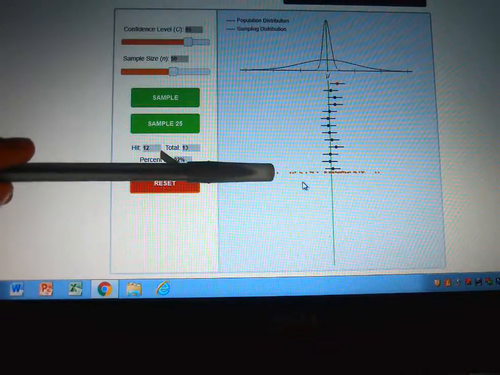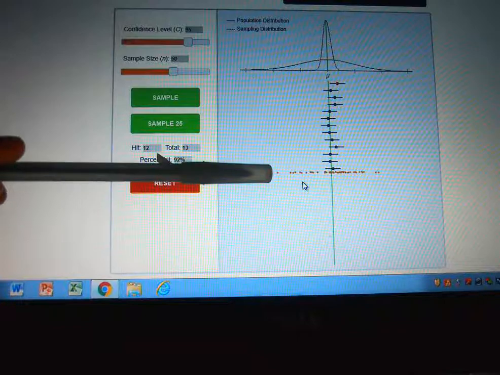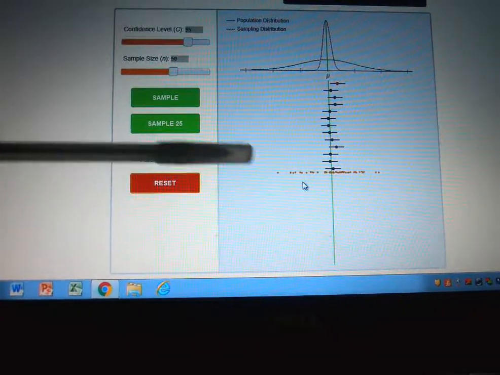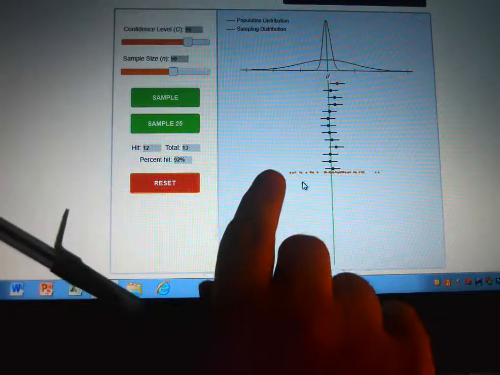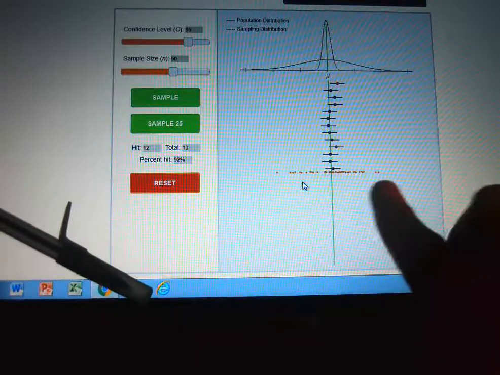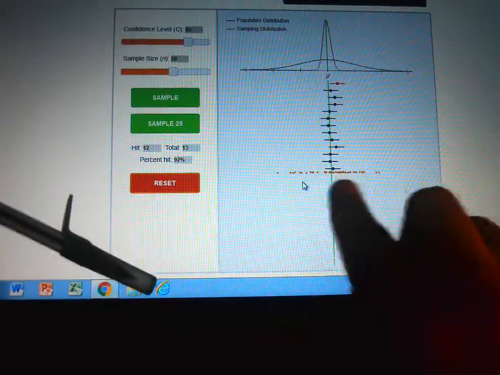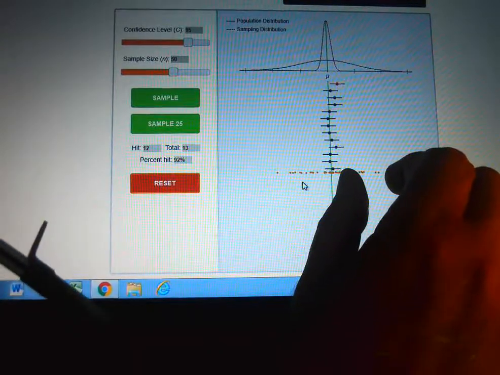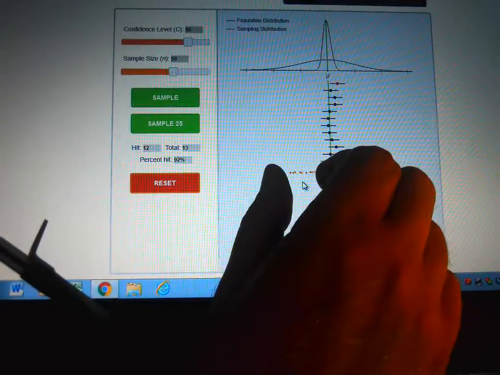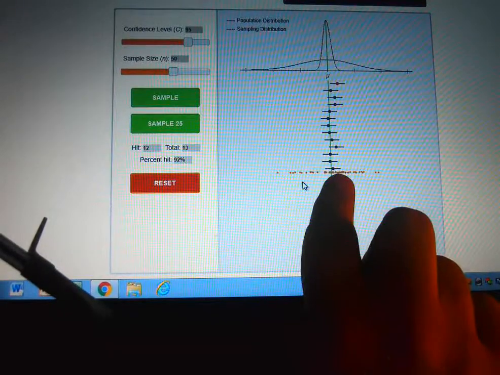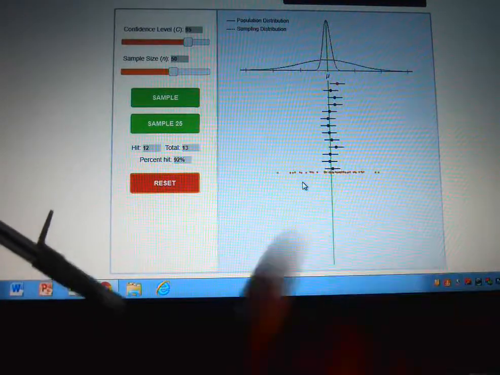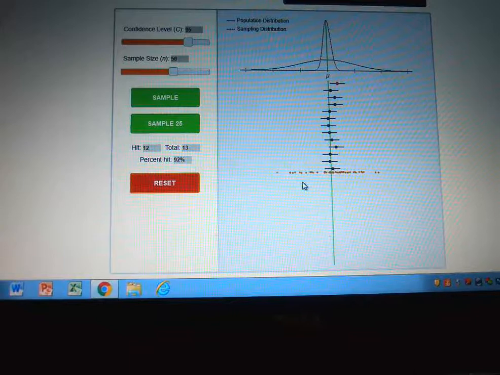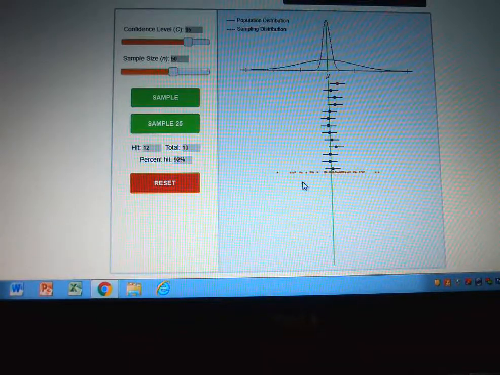But when you take the average, remember what's happening here is you're averaging these together. So any data value that's way out here is averaging with one out here to the center. So if there's, say, 20 of the values out here, it's averaging with about 20 values out here, and they're going to average to the middle. So even though it looks like they're really spread out, when you average them together, they're going to tend to average toward the center.